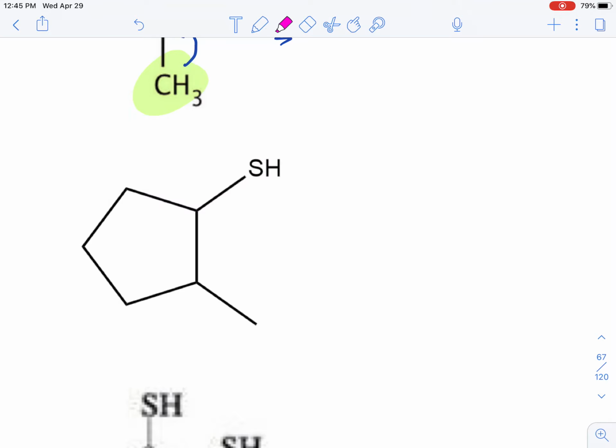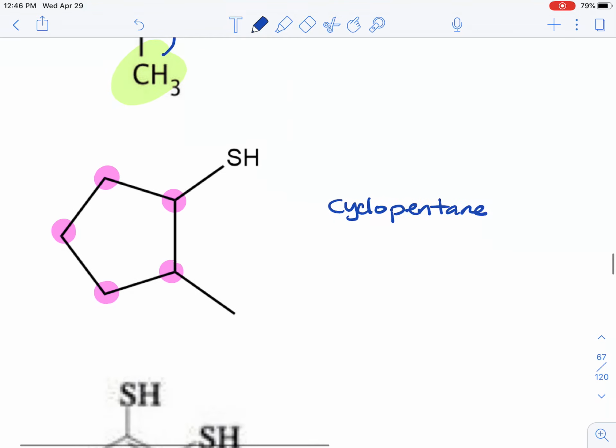We first need to know how many carbons there are on this ring: 1, 2, 3, 4, and 5. So I have a cyclopentane. And since there's a sulfhydryl group on that ring, I'm going to say cyclopentane thiol.